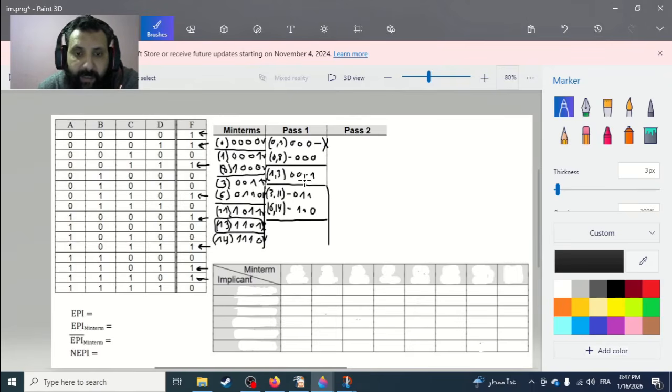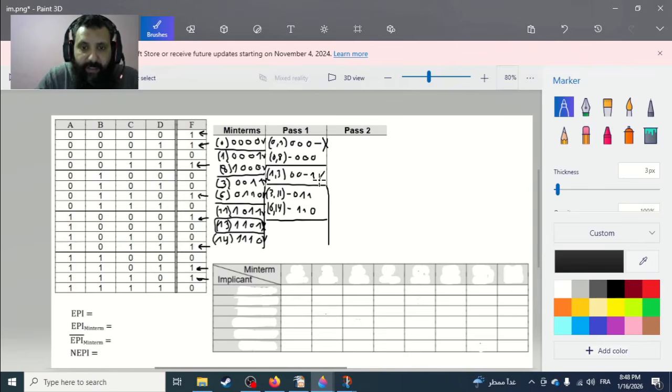Let's see the dash at the second position, at C. Let's see how many implicants do we have with C at the second position. I guess, one. We have only one. We cannot delete it.